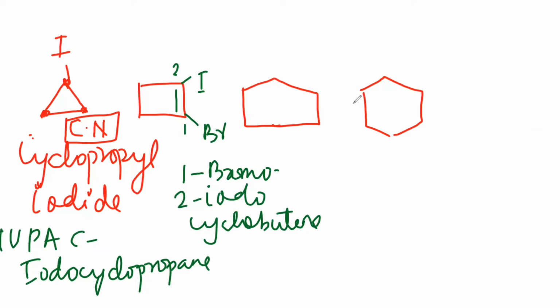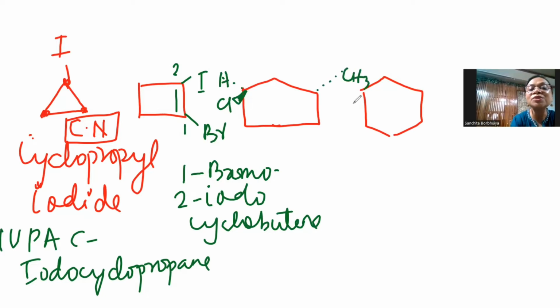Let's go to the next variety. Let's try and create a little bit of an interesting thing. Let me draw this hydrogen here. Let me draw a chlorine here, a CH3 here, and a hydrogen here. Yeah. What do you think? You know this cis trans. I hope you really know cis trans. Can you see the hydrogen? I have a plane. You have a hydrogen above the plane and a hydrogen below the plane.